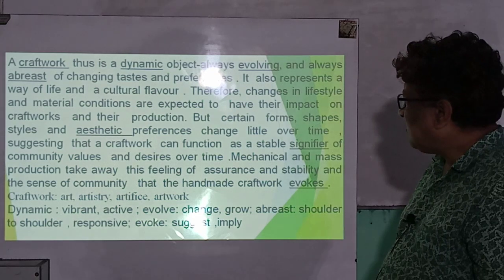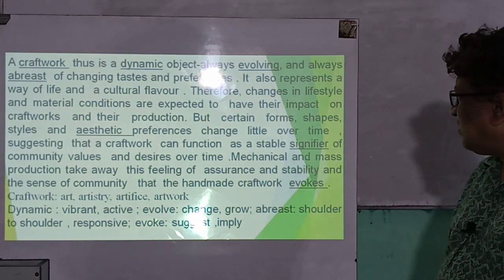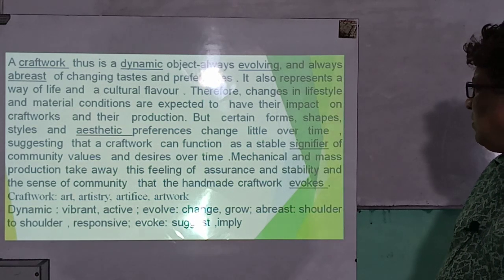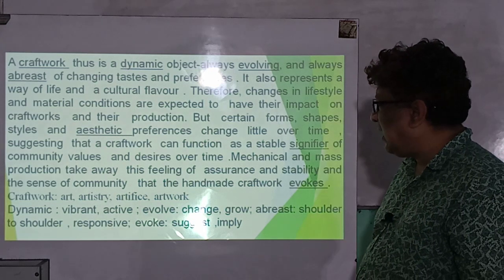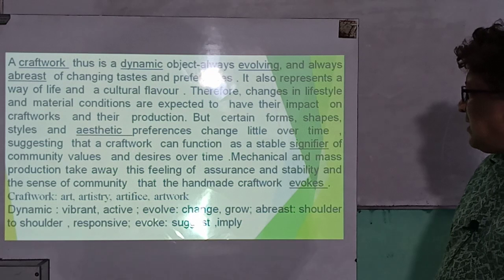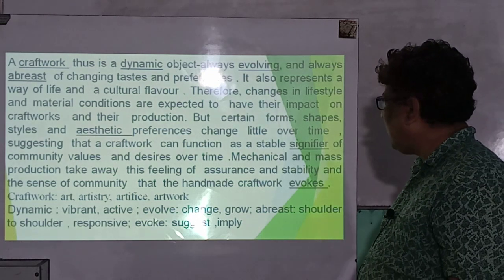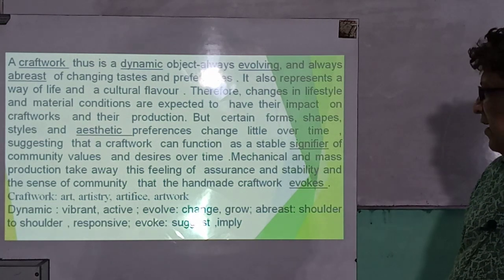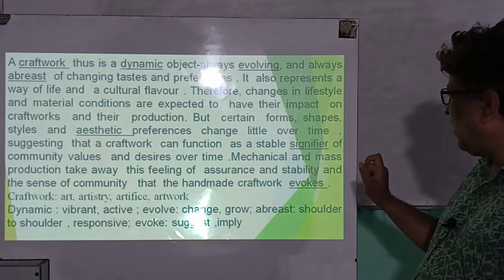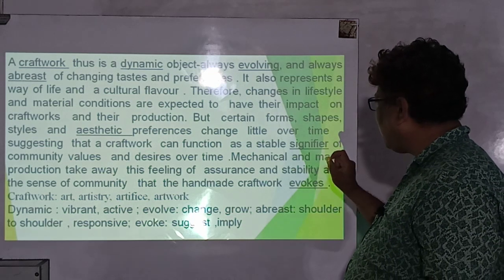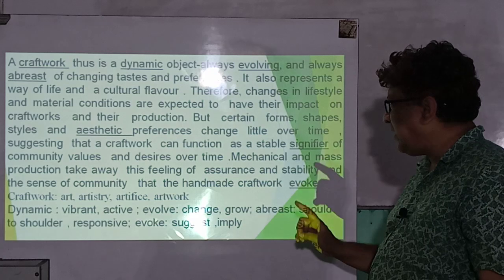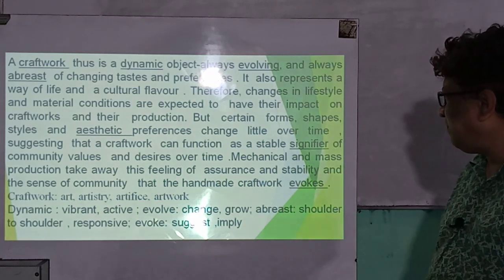So aesthetic preferences change little over time. So they are changed very nominally, suggesting that a craftwork can function as a stable signifier. Signifier means symbol, means an indicator of community values and desires over time.